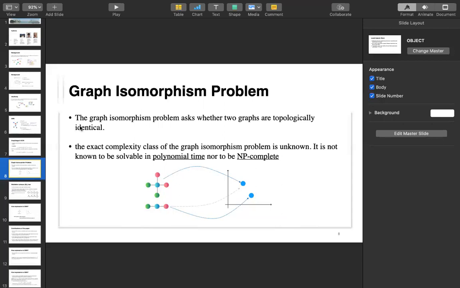It asks whether two graphs are topologically identical, meaning whether the structures of the graphs are the same. The exact complexity class of the graph isomorphism problem is unknown. It is not known to be solvable in polynomial time, or whether it is NP-complete.